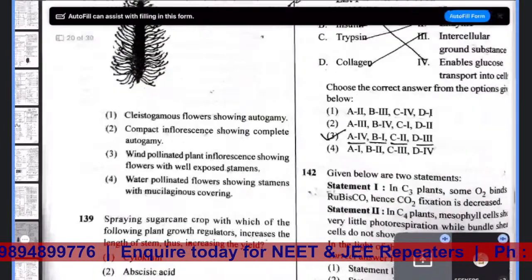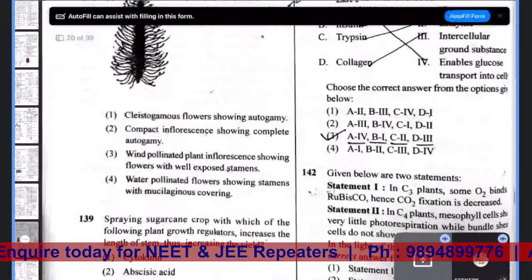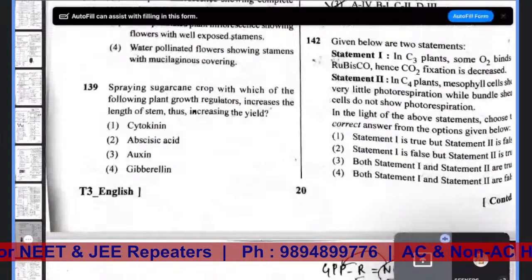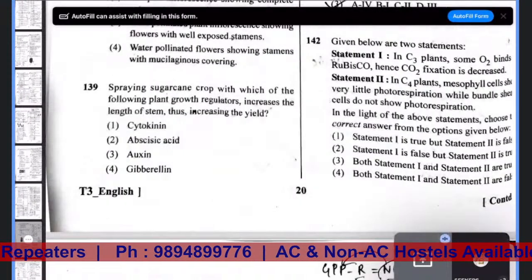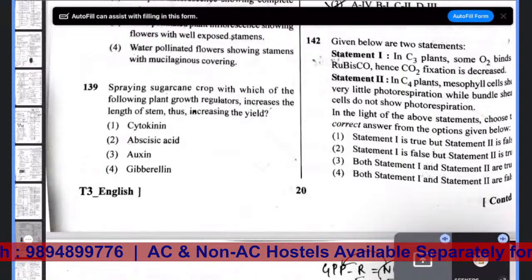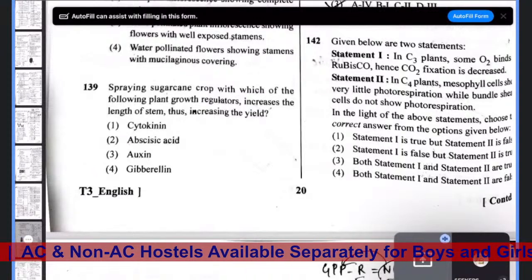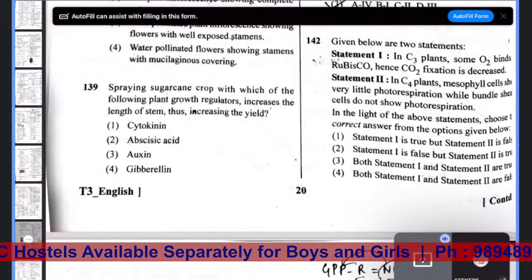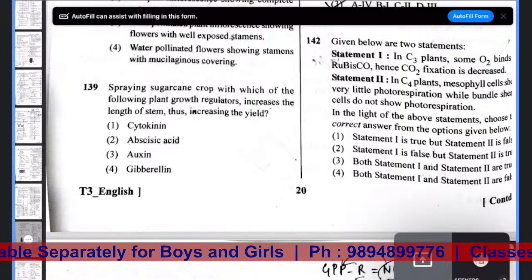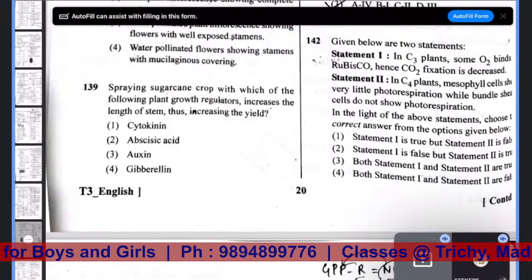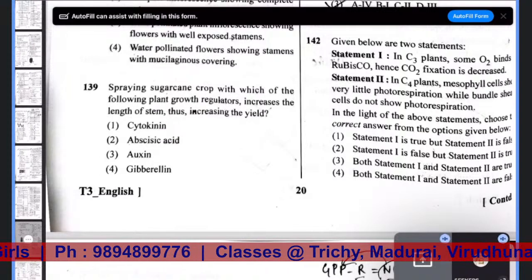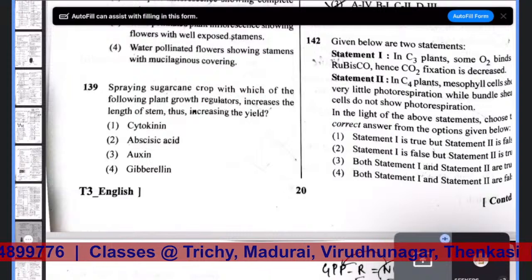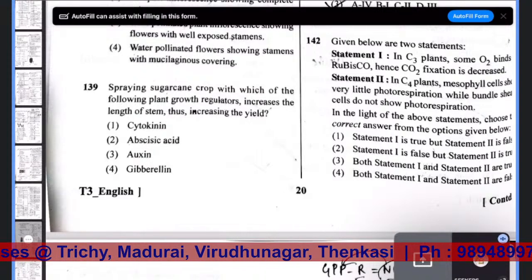Question number 142, in C3 plants, actually this question is also having some confusion, right? In C3 plants, some oxygen binds with rubisco, hence CO2 fixation is decreased. So related to your photorespiration topic, C3 plants can undergo photorespiration, whereas photorespiration is completely absent in C4, right? So statement 1 is right.